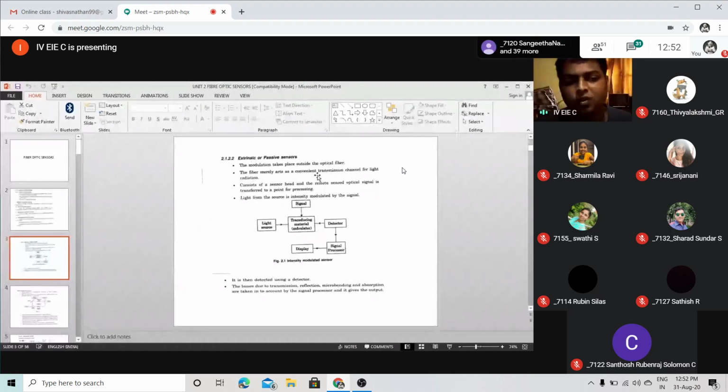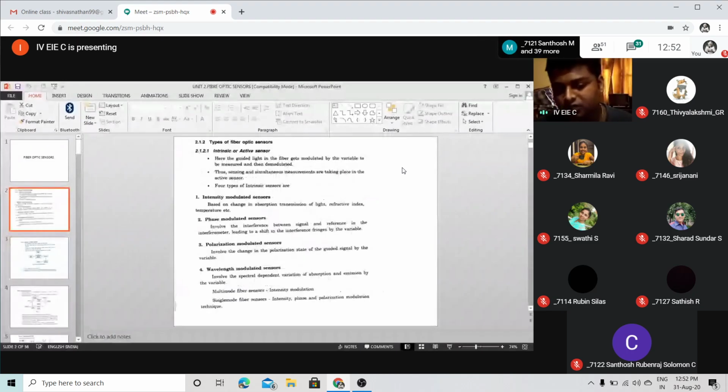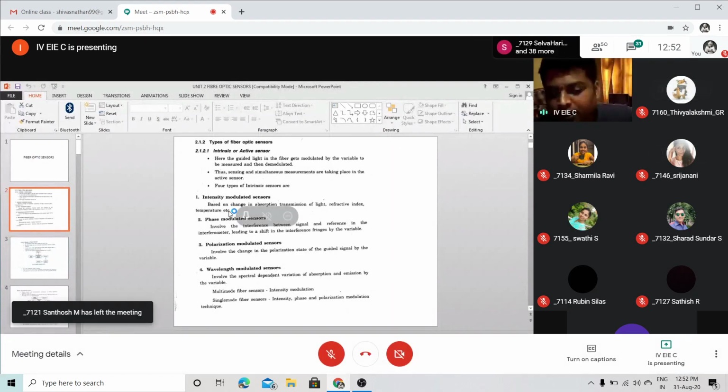So we had a discussion about the two basic kinds of fiber optic sensors today, intrinsic and extrinsic. Try to be more clear. When we speak about an intrinsic sensor, it is about the happenings inside my optical fiber. It is well associated with the light parameters, that is intensity, phase modulation, polarization, and wavelength. Whereas when I speak about an extrinsic sensor, it is about the things that happen outside the fiber.